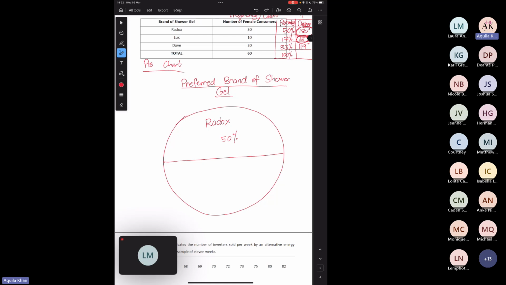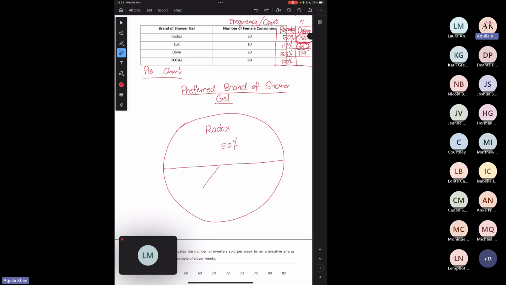And 61 should be somewhere around here. Okay, so let me do that again. So this then would be Lux, and the respective percentage is 17. And then the last portion will be Dove, which would have been 33%.